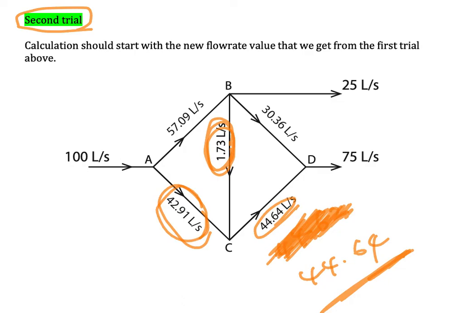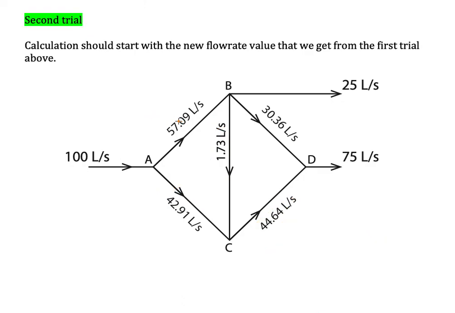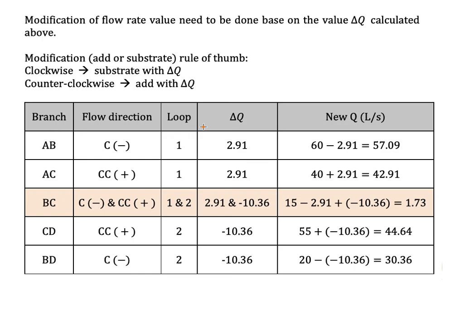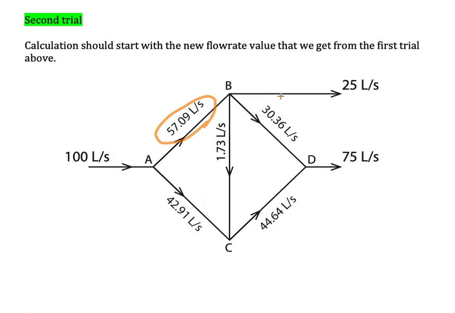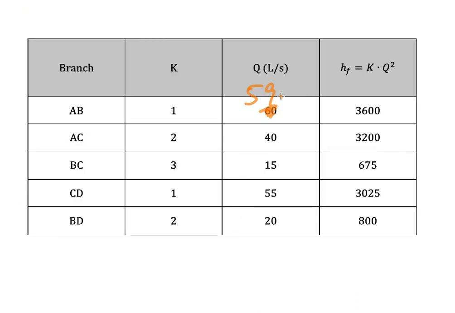By using this equation and this value, for example, we have 57.09, so we create a table here. The value of AB here is not 60 anymore; it will become 57.09.